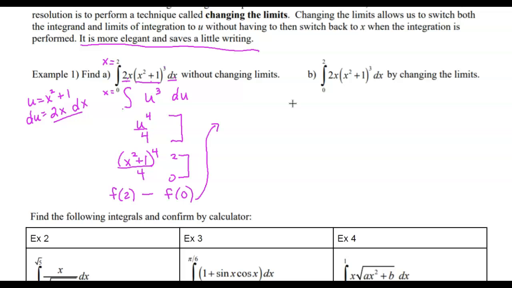So I'm going to continue over here. When I plug in 2, I get 2 squared is 4, 4 plus 1 is 5, 5 to the fourth is 625 over 4. If I substitute 0, 0 plus 1 is 1, 1 to the fourth is 1, so 1/4.